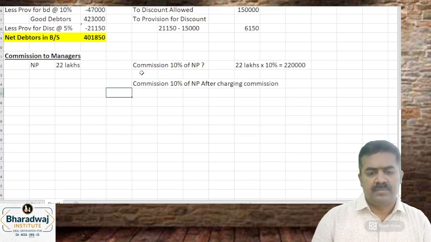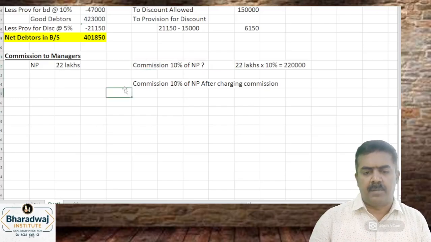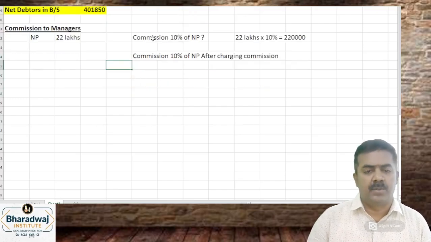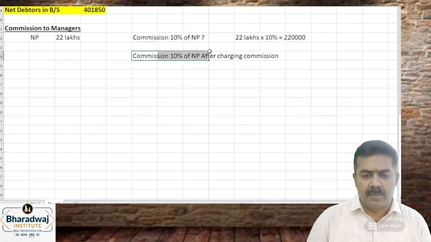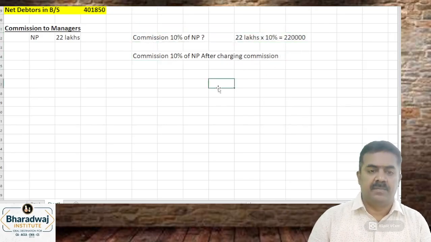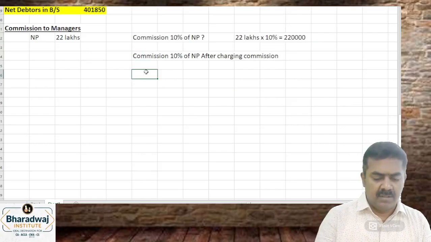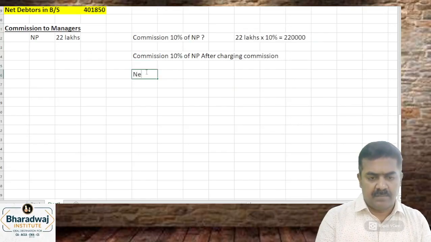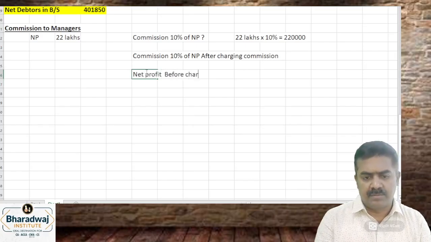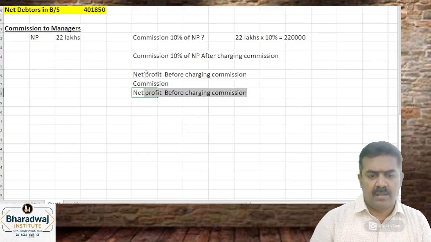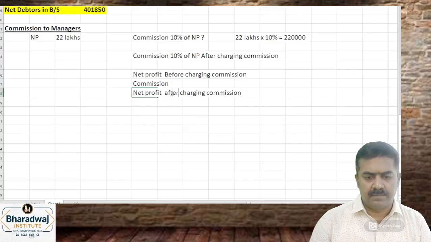Suppose if they give you, in the exam question, commission 10% of net profit after charging commission. So what to do? If it is directly 10% of net profit, we apply 22 lakhs into 10%, 2,20,000. If they tell you commission 10% after charging commission, for example, net profit before charging commission will be there. If you deduct commission, net profit after charging commission will come.